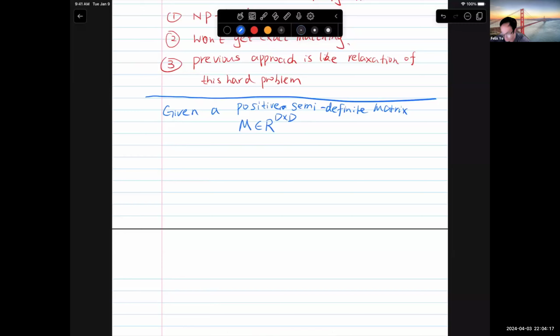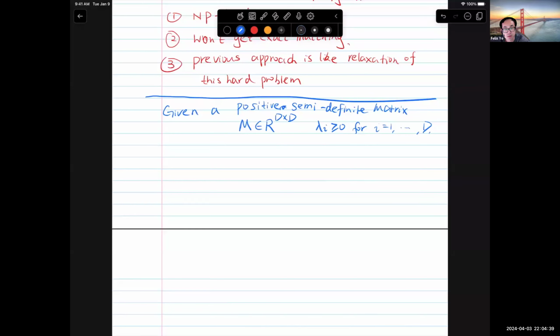By definition, since it is a positive semi-definite matrix, the lambda i has to be bigger than or equal to 0 for all these eigenvalues.